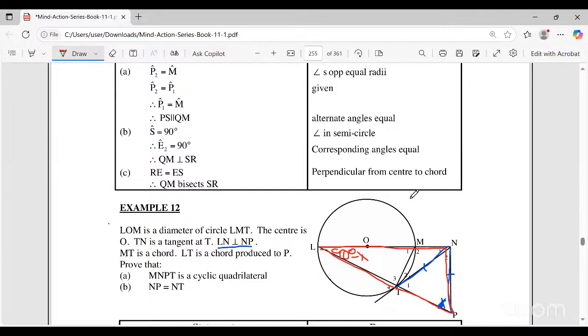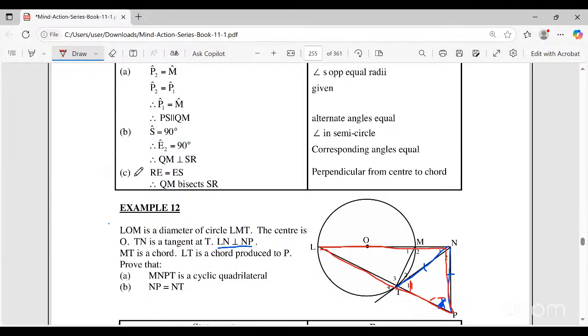Okay, I'm saying we are required in this case to prove that this line NP is equal to NT. Can you see that? Yes. So the only way I can see that we can prove that is we have to prove that this angle here is equal to that angle there.